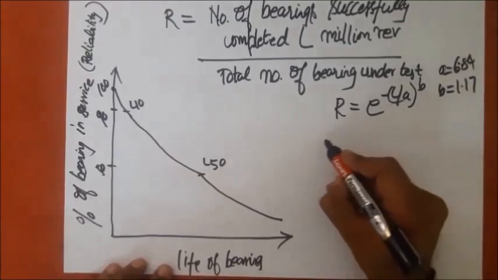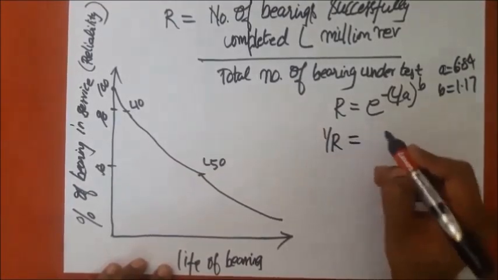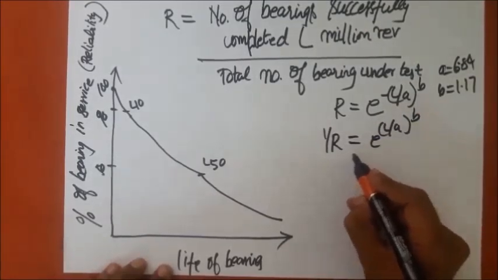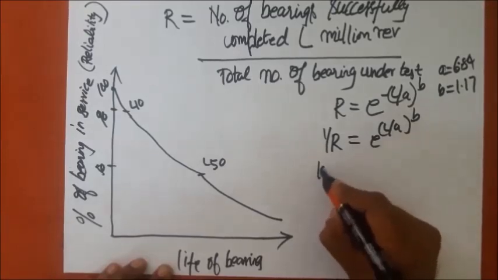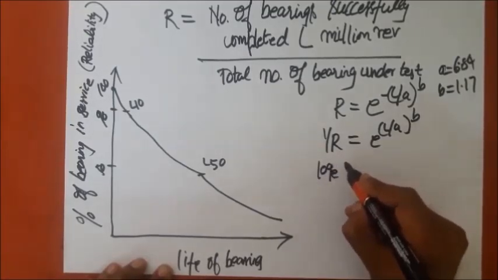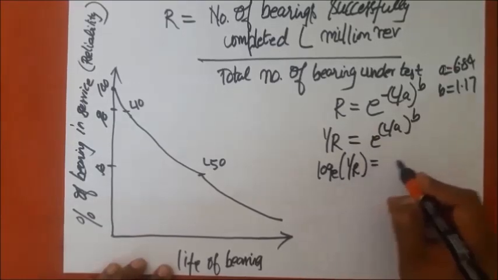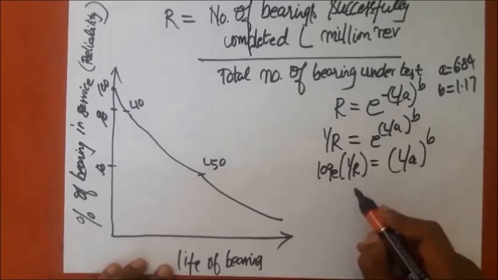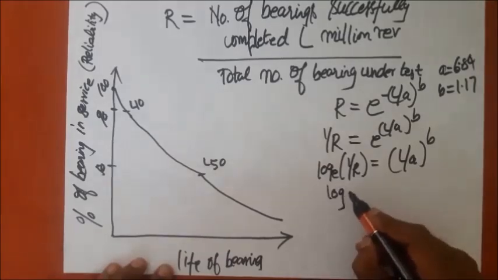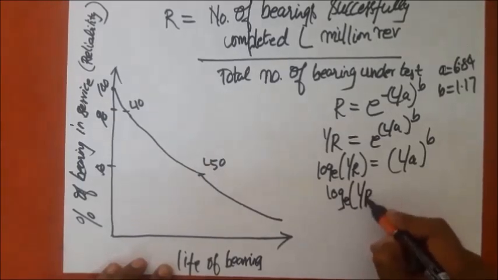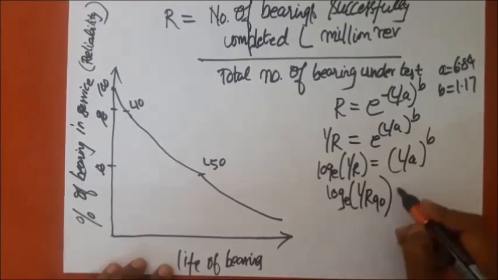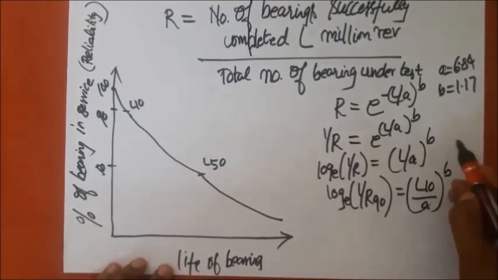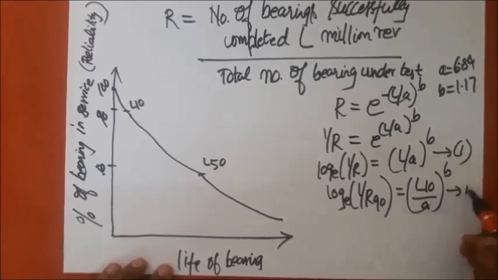What we are going to do here is, 1 by R can be written as e raised to (L by A) raised to B. Now we take log on both sides, therefore log to the base e of 1 by R equals (L by A) raised to B. Now suppose this R is 90, therefore log e of 1 by R90 equals (L10 by A) raised to B. Suppose this is equation 1 and this is equation 2.